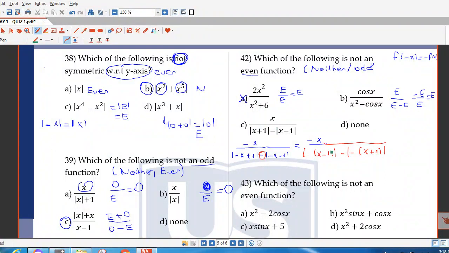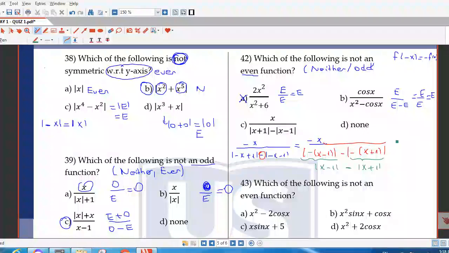The minus can be removed because of the absolute value, so this expression can be taken as the absolute value of x minus 1, and this is also the same, the minus can be removed, so it is the same as the absolute value of x plus 1. We have a minus between them.